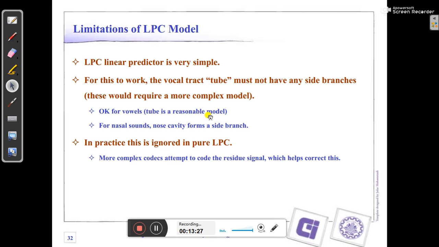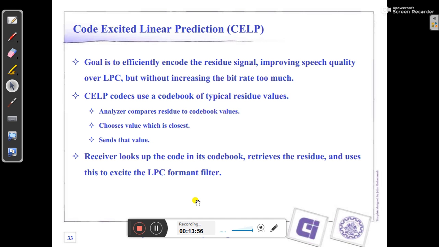The tube is a reasonable model, but for nasal sounds, nose activity forms a side branch, which creates problems. In practice, this is ignored in pure LPC. In more complex codecs, attempts are made to code the residue signal, which helps correct this.